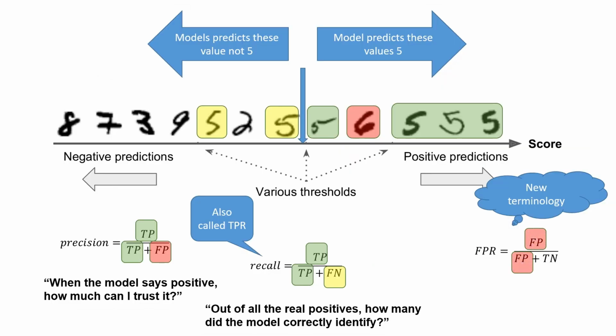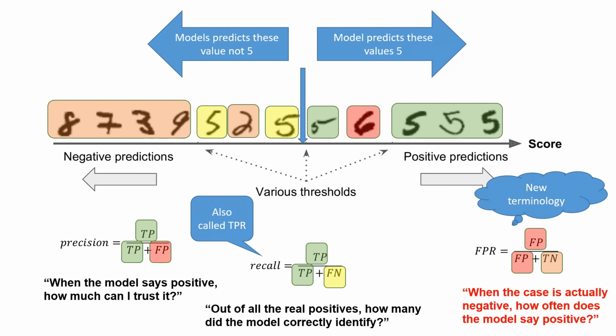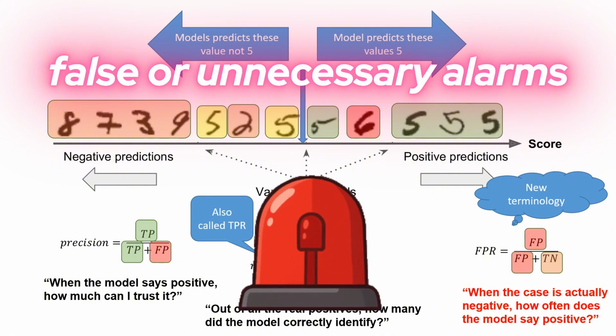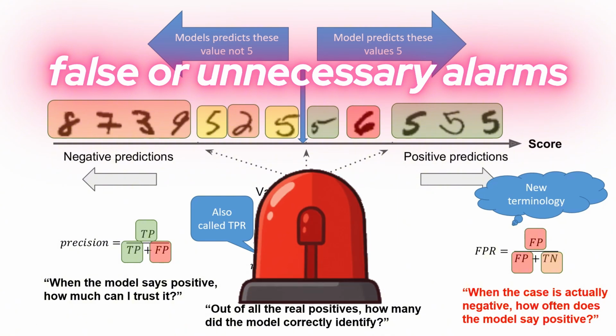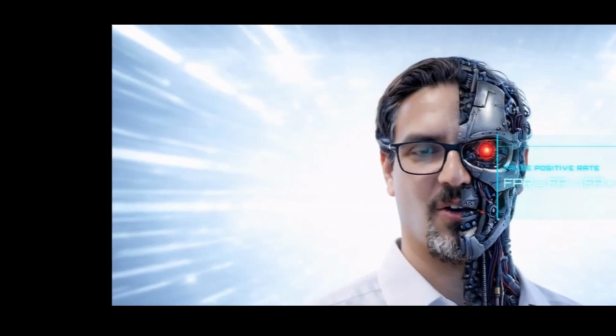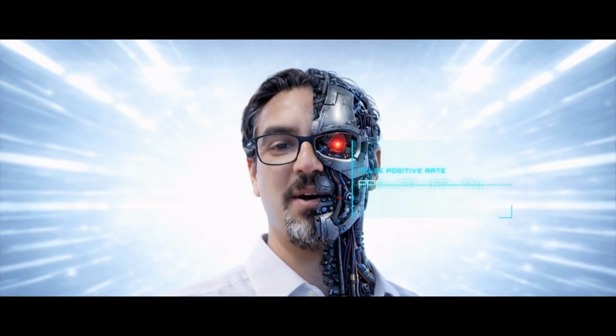So FPR tells us, among all the samples that were not positive, how many did the model incorrectly raise an alarm for? In practical terms, it measures how often the system generates false or unnecessary alarms. First, let's meet the false positive rate, or FPR. It measures how many actual negatives the model incorrectly flags as positive.